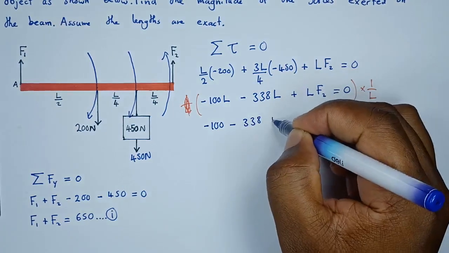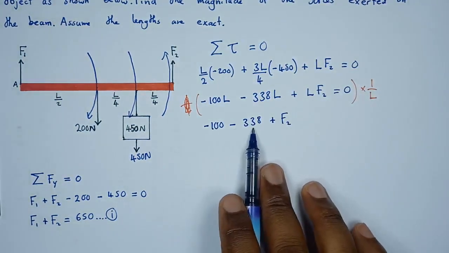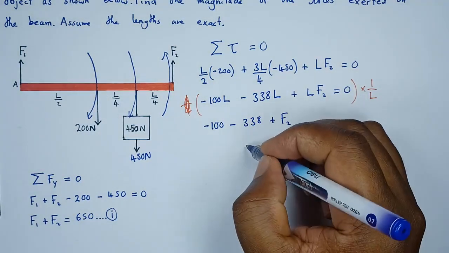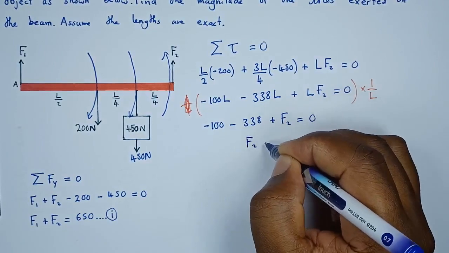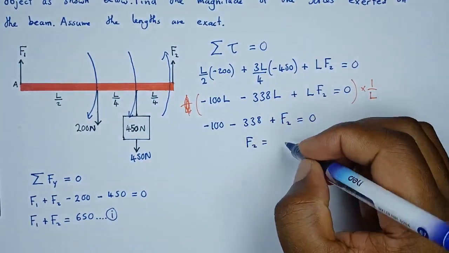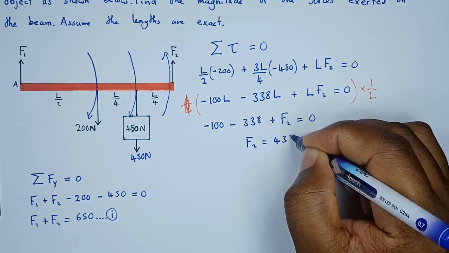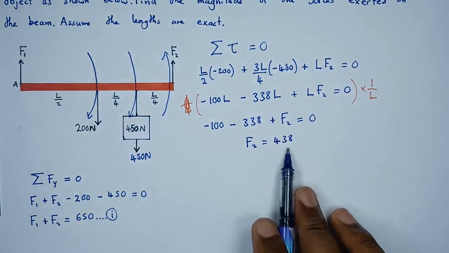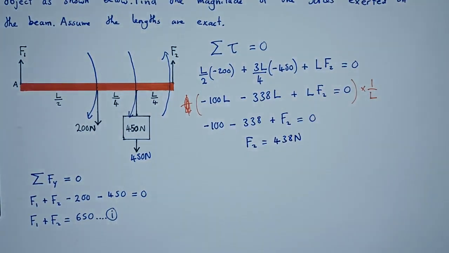This we remain with plus F2. So these two negative values can cross to the other side, hence this is equal to 0. Hence F2 is 438. So we have found the first force, which is F2, 438.